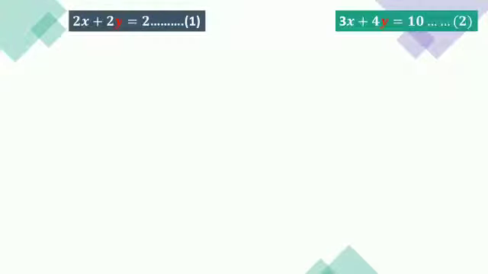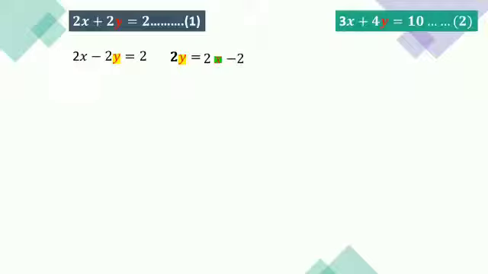Now I have a pair of linear equations named 1 and 2. Let us solve for y for the first equation, which is 2x minus 2y is equal to 2. So 2y is equal to 2x minus 2. How?